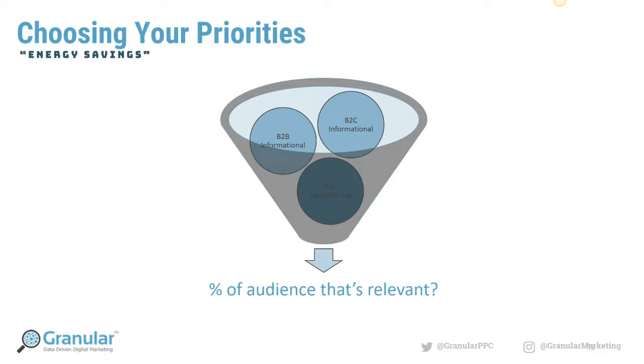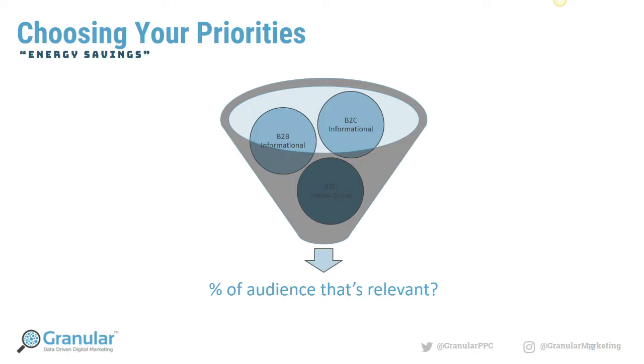And when you're looking at these phrases, the question you want to ask yourself is, what's the percentage of the audience that's relevant to what I'm offering them? On the keyword energy savings, you've got all these different audiences going into the funnel, and the ones that are spit out as being relevant to you, what percentage of that audience is relevant? You're not going to know the exact percentage.